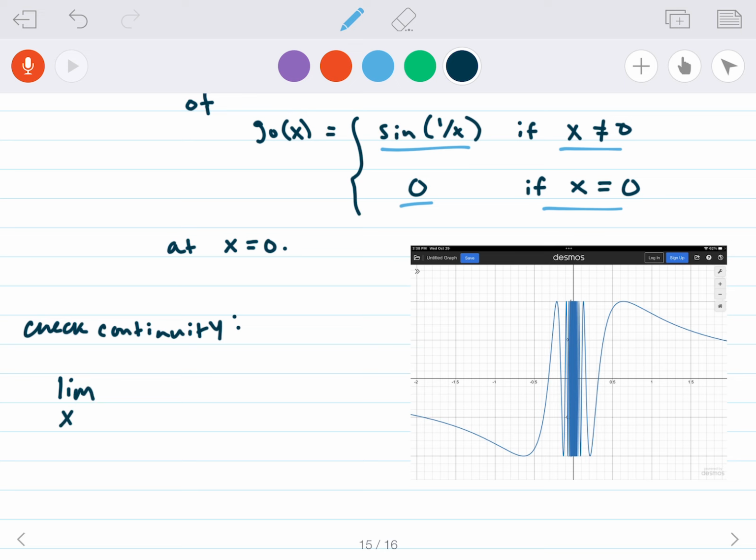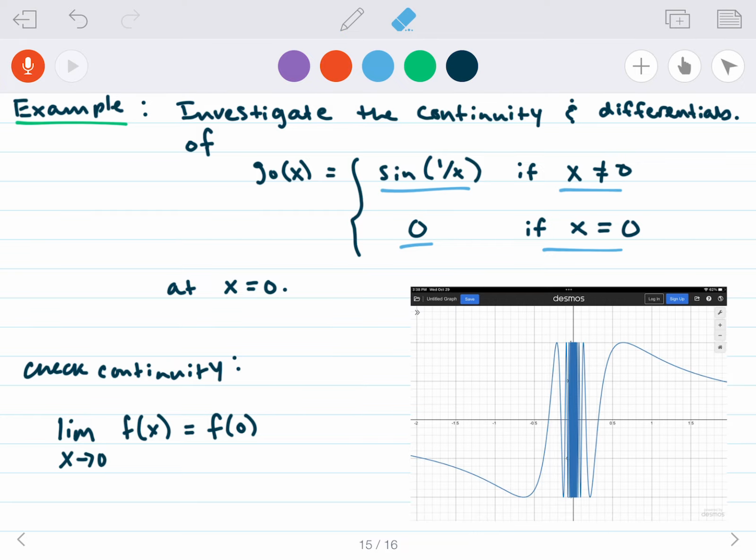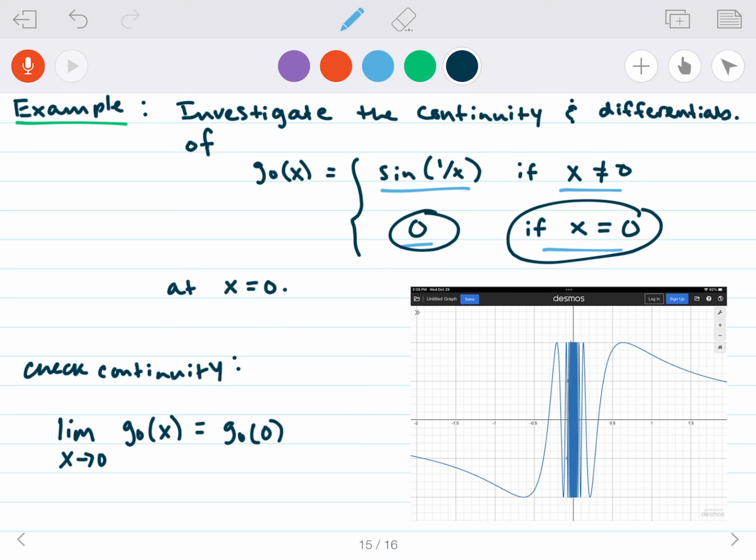We want to show that the limit as x goes to 0 of g naught of x is equal to g naught of 0. Now, g naught of 0 occurs when x is 0, so it's 0. So we want to show that this limit is 0 to prove that it's continuous.